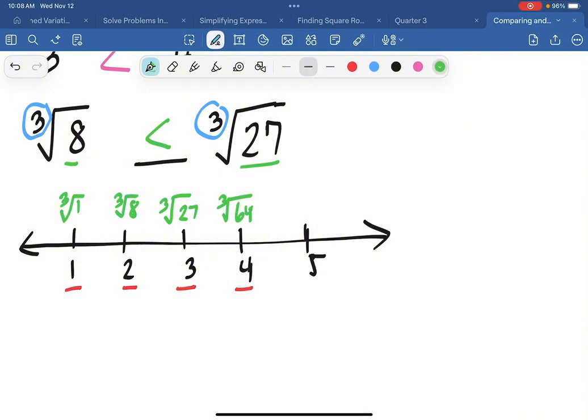And 5 cubed is 125, so the cube root of 125 is 5.